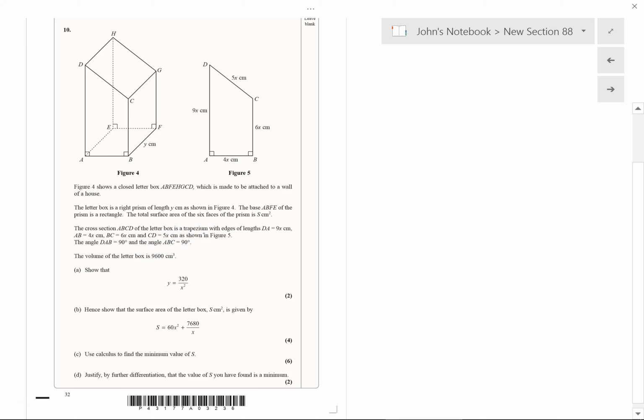Okay, so let's use that fact about the volume first of all, because the volume of a prism is equal to cross-sectional area times length.